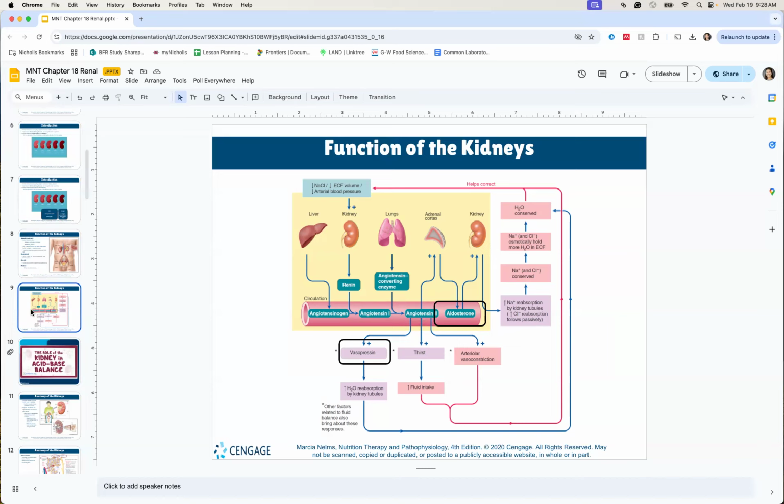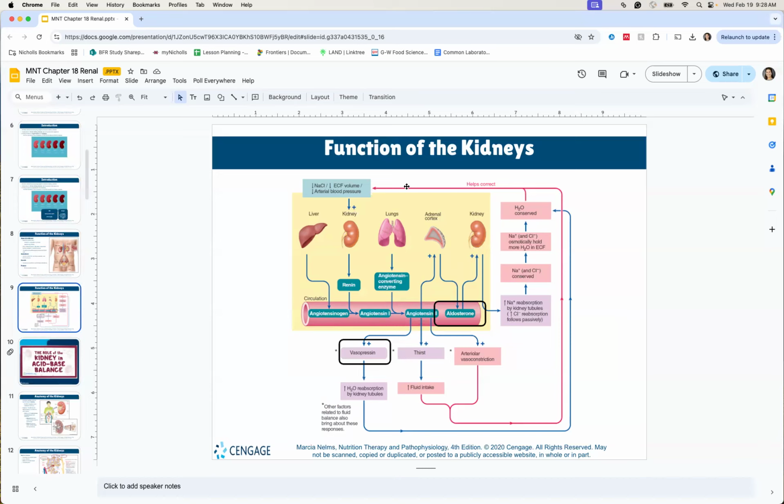So aldosterone is what is responsible for telling the kidneys to reabsorb sodium. And if you follow that, aldosterone works on the kidneys. That tells the kidney to reabsorb sodium. That means we conserve sodium in the blood, and that means we hold on to more water in the kidneys.